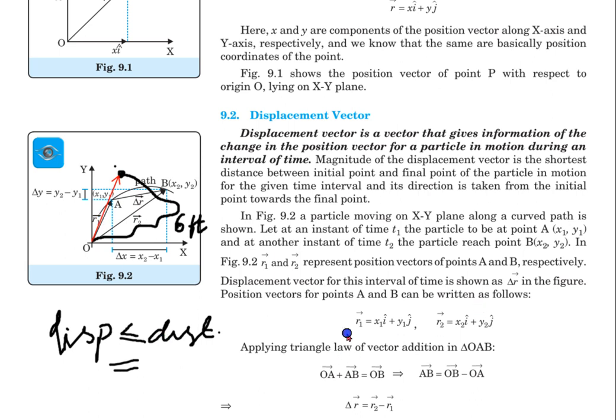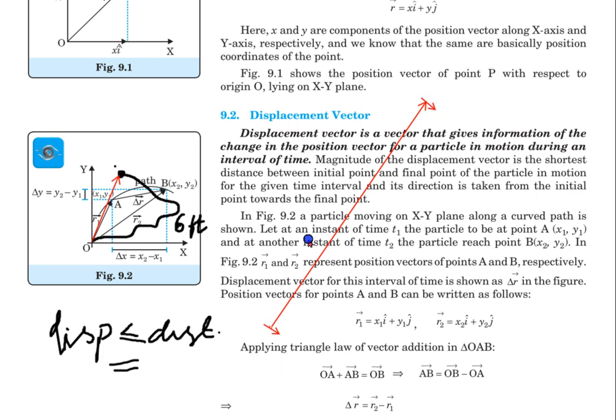When are displacement and distance equal? Suppose a particle travels from this tip to this tip along a straight line. The distance traveled by the object is the total path length, and the displacement is also the distance between the initial point and final point.